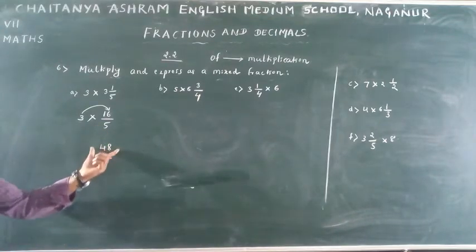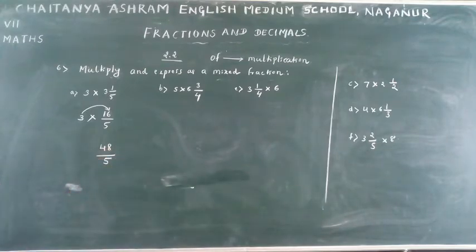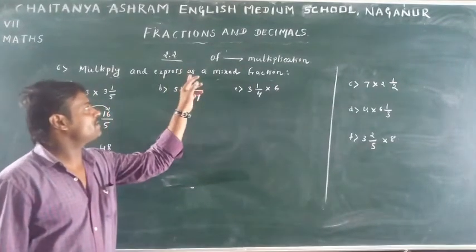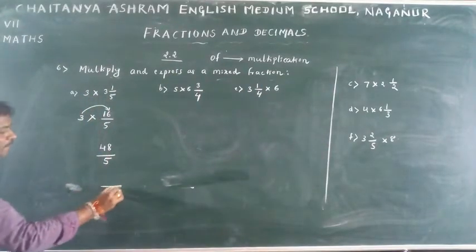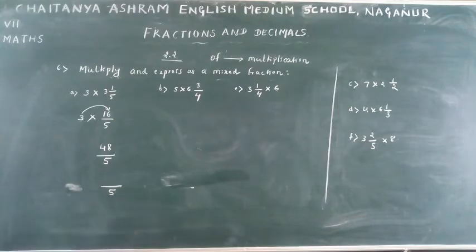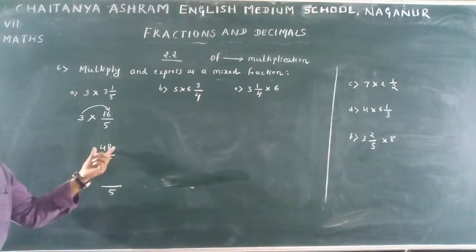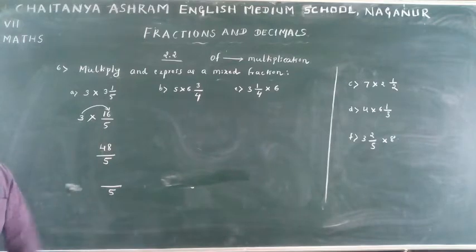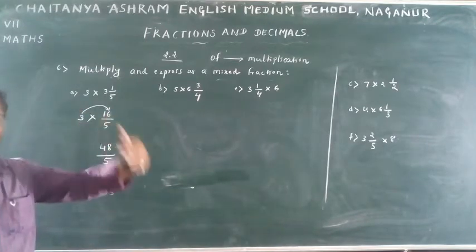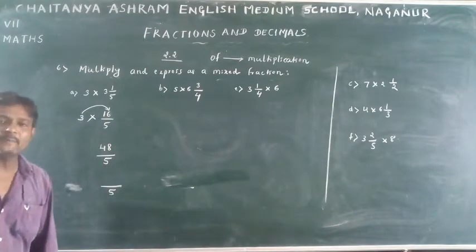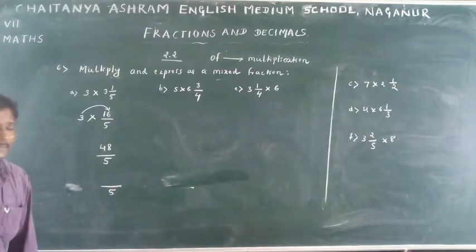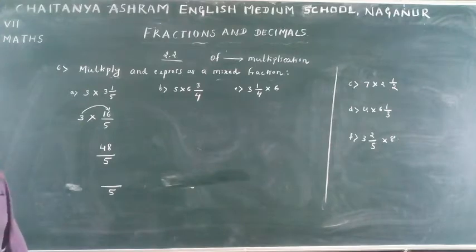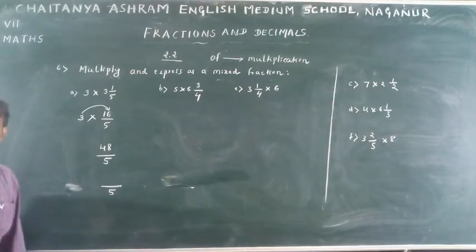Then write this answer as a mixed fraction. Express as a mixed fraction. So what is the denominator? 5. Right, as it is. Which is near to 48 in the fifth table? Read the fifth table. 5 ones are 5, 5 twos are 10, 5 threes are 15, 5 fours are 20, 5 fives are 25, 5 sixes are 30, 5 sevens are 35, 5 eights are 40, 5 nines are 45.